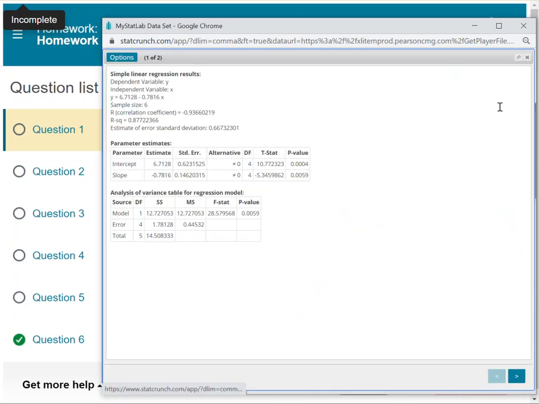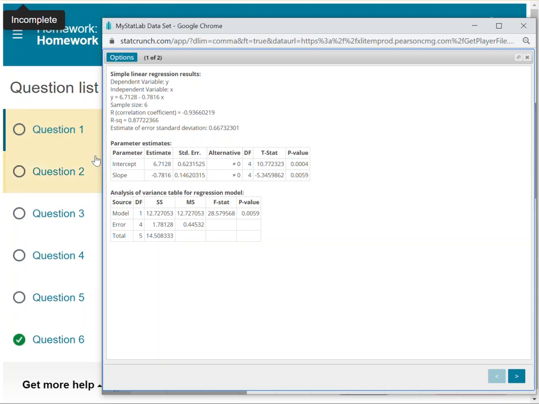Let me make this a little bigger. So I'm going to go ahead and write this down. It's y equals, we're going to put the x part first, so negative 0.782, which is what that would round to for 3 decimal places, times x, plus 6.7128, so we'll say 6.713.